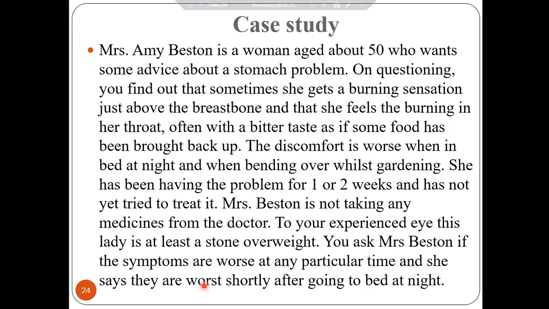Now we have a study case. We have Mrs. Beston, a woman aged about 50 years who wants some advice about a stomach problem.